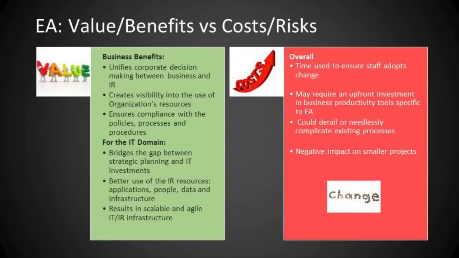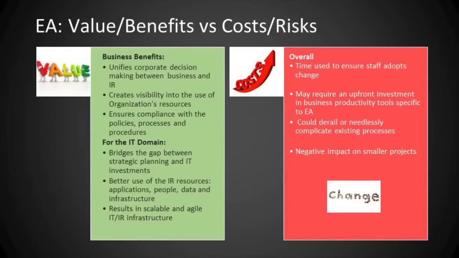For EA, the main benefits are it unifies the corporate decision making and really ties in well business and information resources objectives. It creates visibility into the use of the organization's information resources, ensures compliance with policies and processes and corporate procedures, and it also has specific benefits to the IT domain.